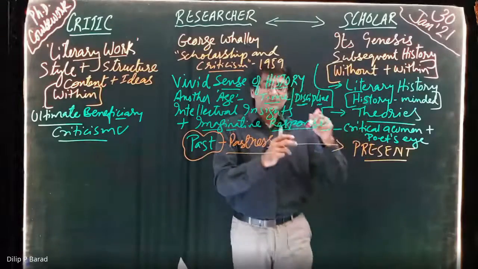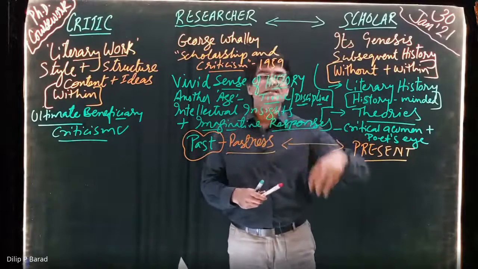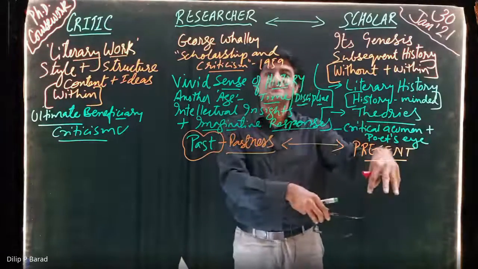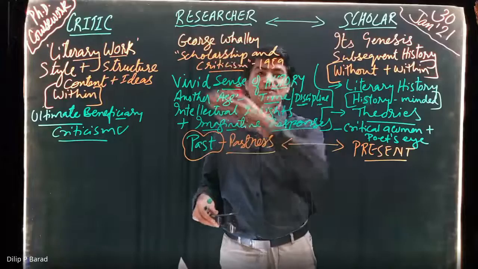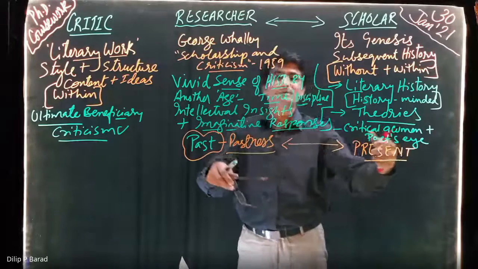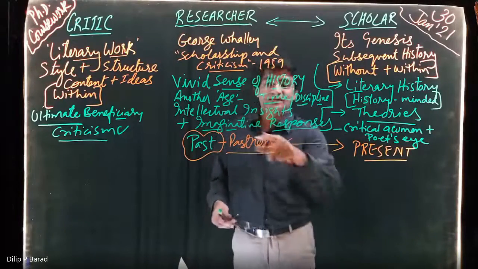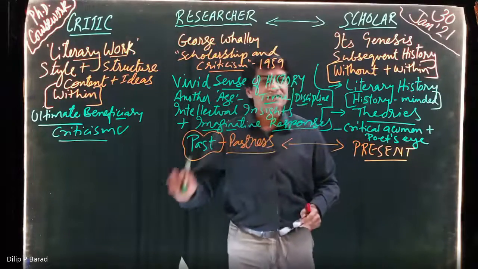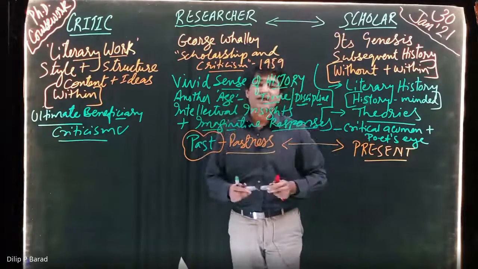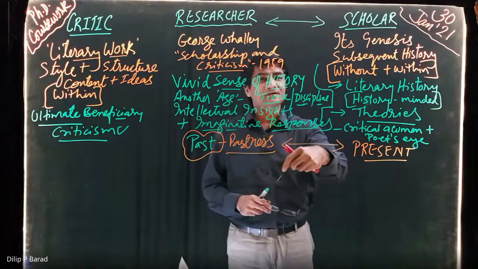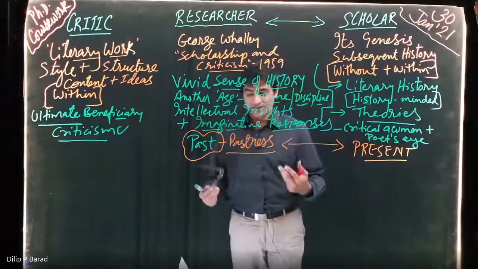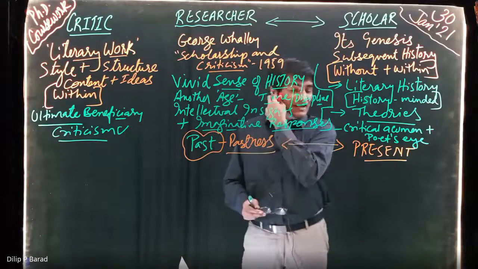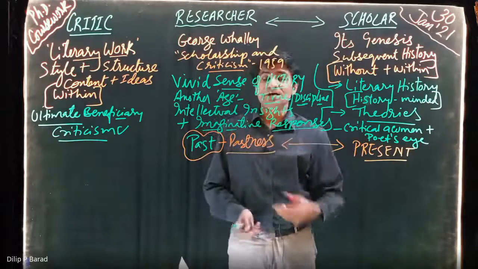So when you are rooted in today, 21st century, you are a scholar. But if you are only in this without pastness, you are not a researcher. You are a mere scholar here. But the relation between researcher and the scholar is like this: the researcher with a vivid sense of history has an ability to time travel in past at any time and can understand, when the words were written on the paper, what might be the aura of the time, what might be the culture of the time, what might be the inventions of the sciences of those days.